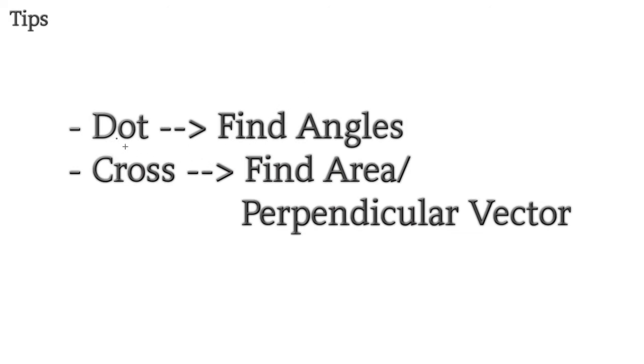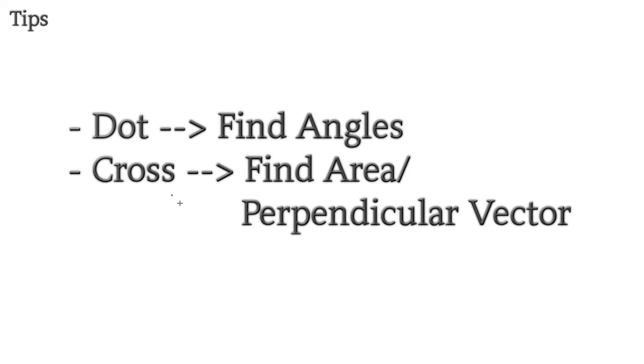However, back to just using the dot product, it's often used to find the angles between two vectors, and that would come in handy when we want to find intersecting planes and the angle in between. I'm going to teach you that in a few videos' time.